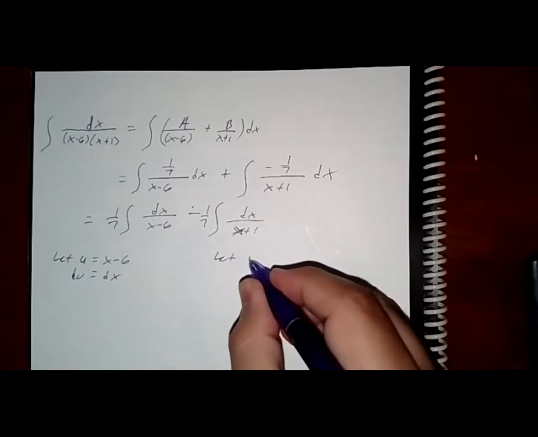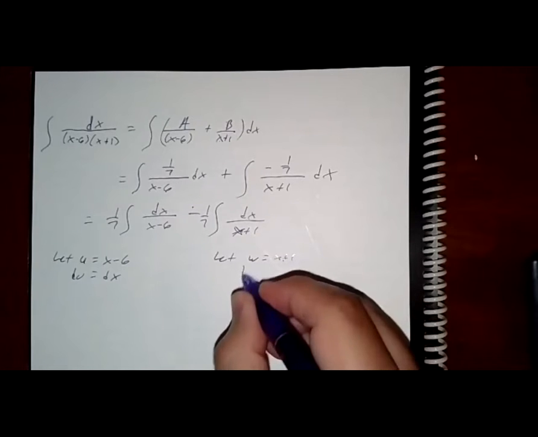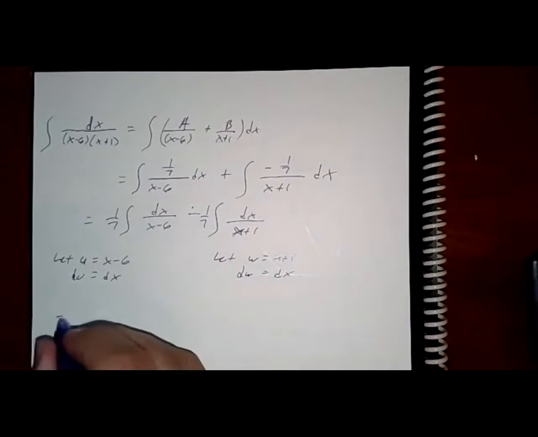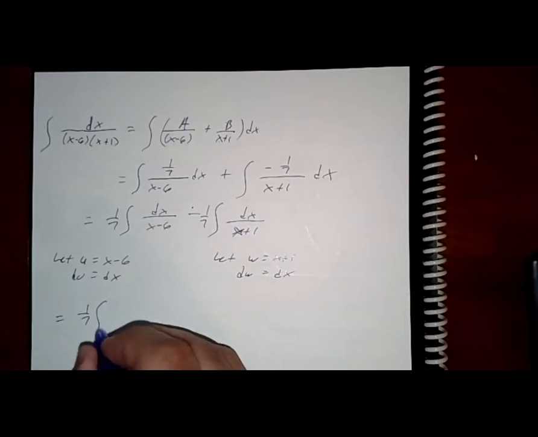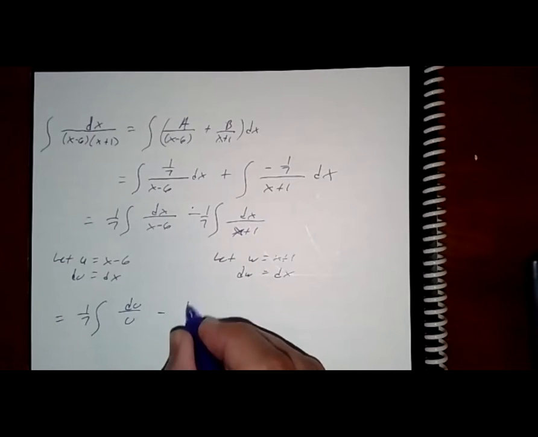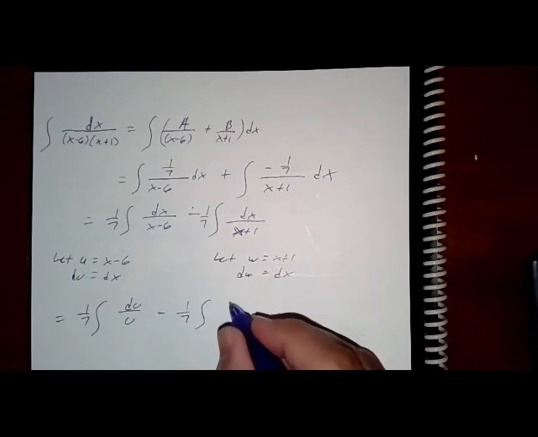Let w equal x plus 1. dw equals dx. So that would give me 1/7 integral of du over u minus 1/7 integral of dw over w.